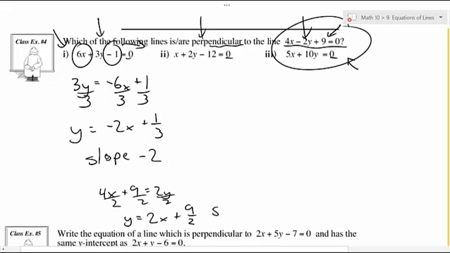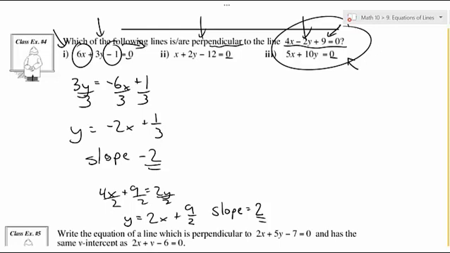Okay, and the slope equals 2. So this first one here is not perpendicular. When we compare these, yes, it changes from a negative to a positive, but it does not become a reciprocal. So therefore, number 1 is a no.